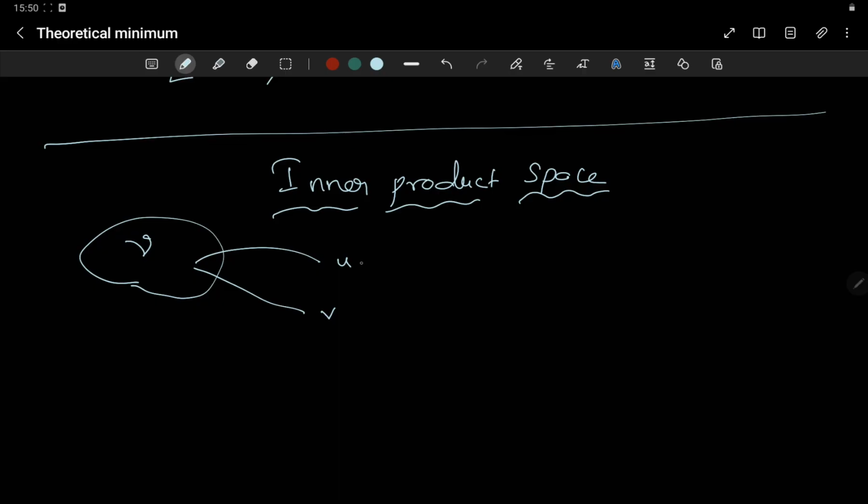I'll put it in some function f, which is going to be a function of u and v, and then this function will give a scalar value. Let's say that scalar value is alpha. So for example it could be in a real space. Then such a function can be called an inner product.